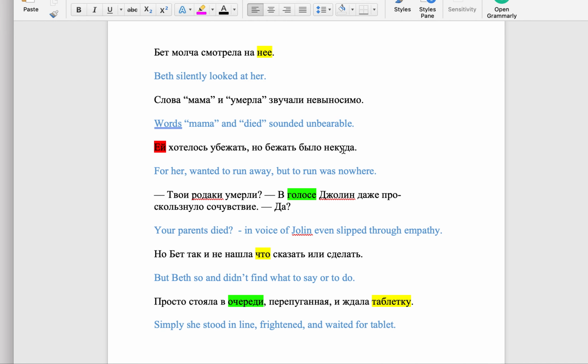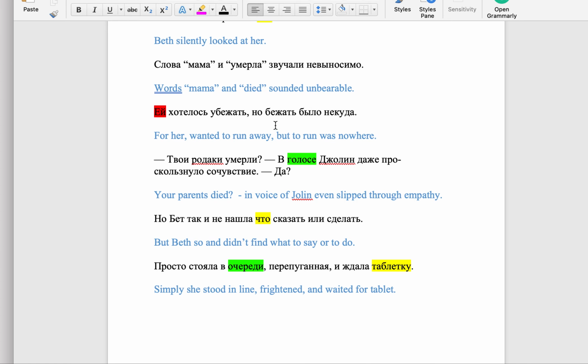Слова мама и умерла звучали невыносимо. I'm having trouble with the pronunciation here. So the words mama and died together sounded unbearable to her. Ей хотелось убежать, но бежать было некуда. So ей хотелось, this is again dative.